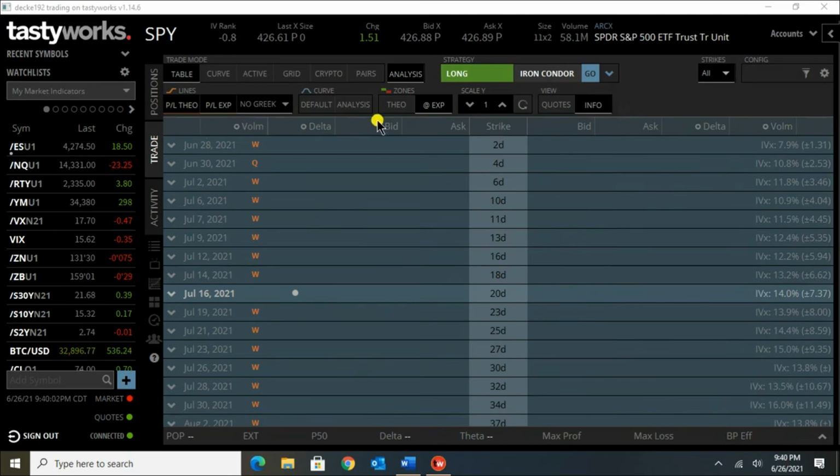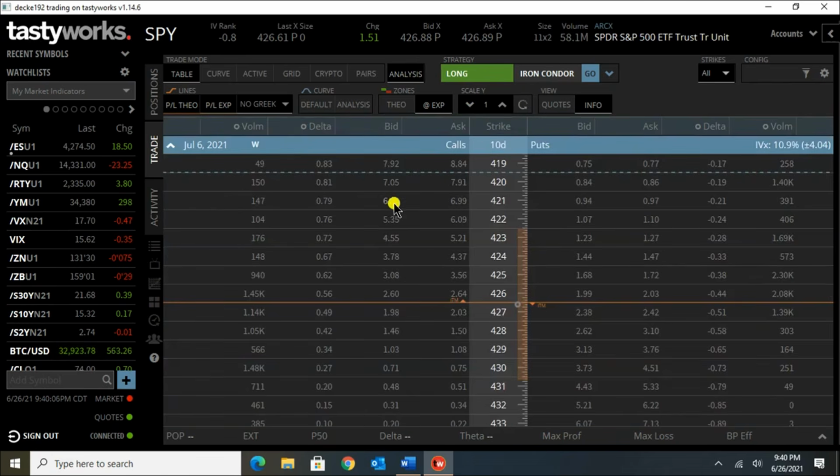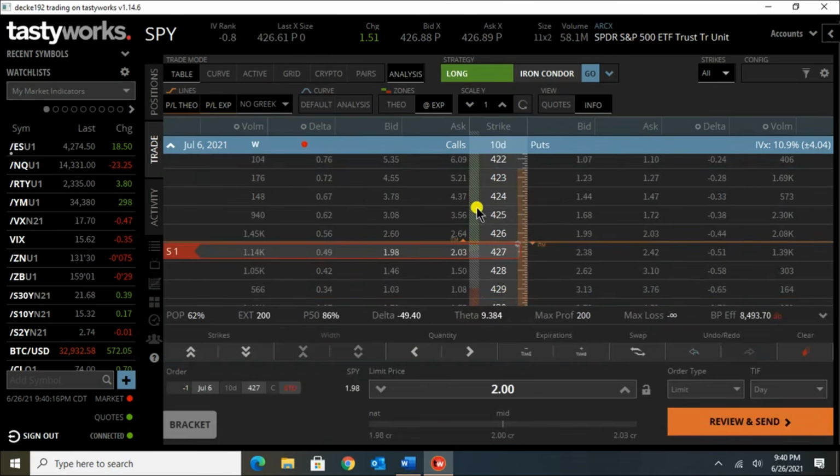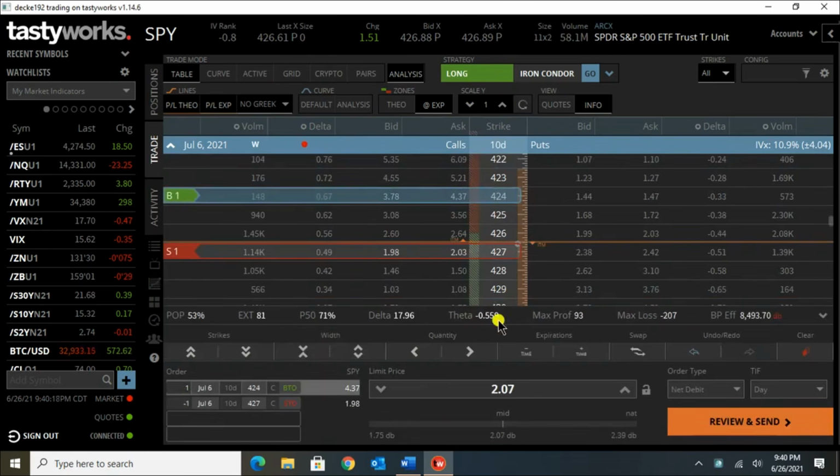So I'm in SPY, go to the option chain and do July 6th, open that up, and for the ZEEHBS trade I'm going to start with the zebra, which is selling an at the money call and buying two in the money calls and trying to get the extrinsic value close to zero.